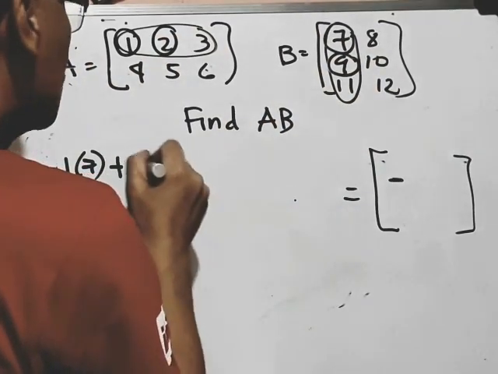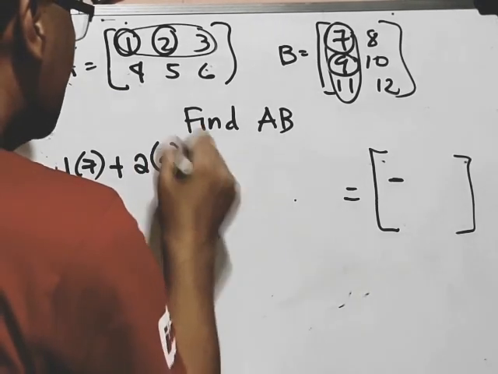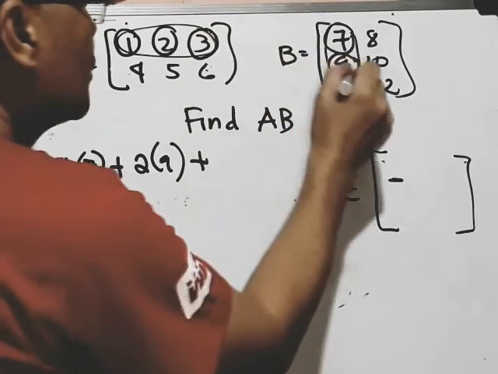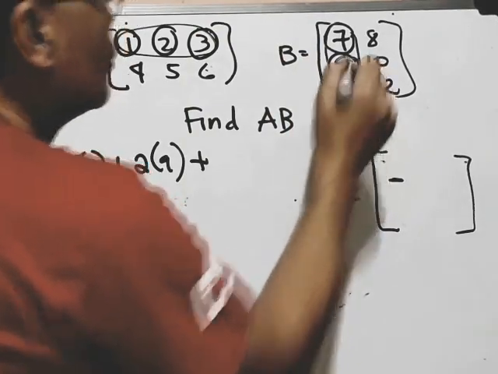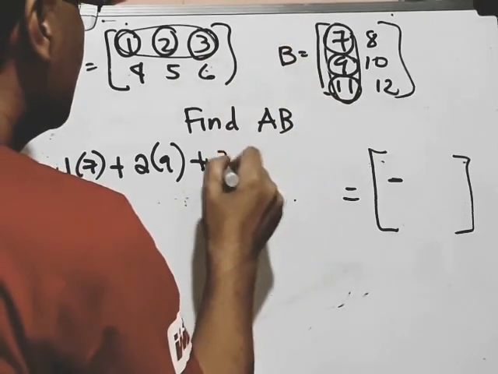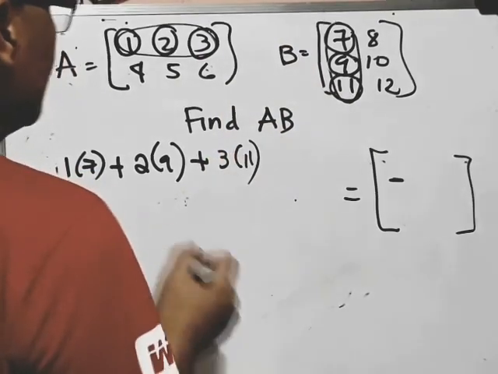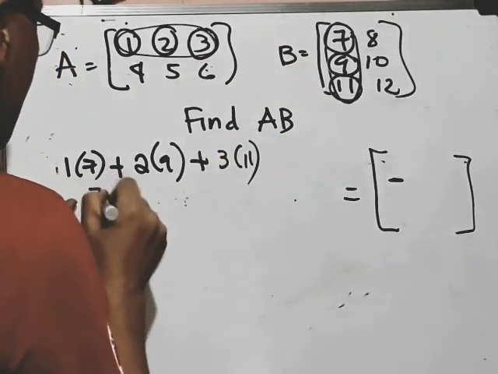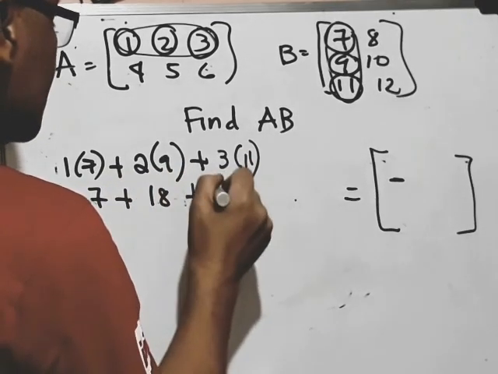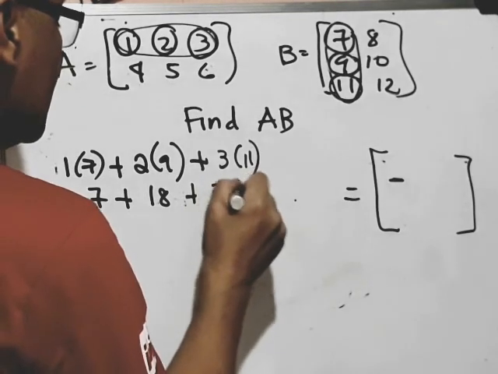I-plus natin yan. 2 plus 2 times 9. Plus, yung 3, yung pangatlo, i-multiply natin dun sa pangatlong entry ng column B. 3 times 11. So, 7 times 1 plus 2 times 9, 18. Plus 3 times 11, 33.